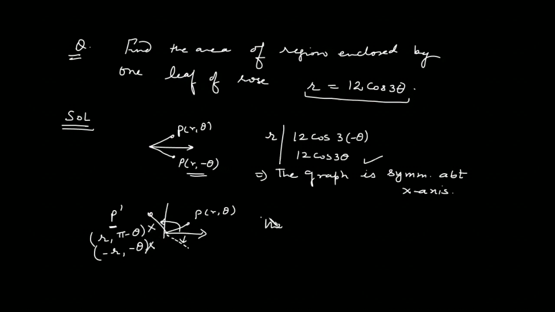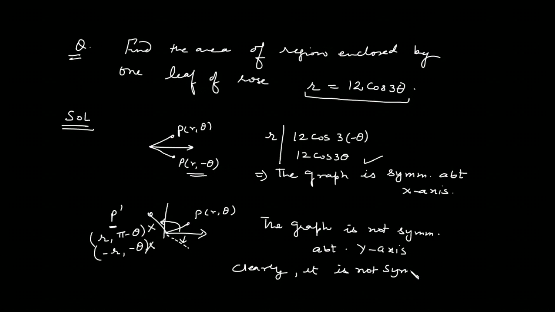So the graph is not symmetrical about the y-axis. So clearly it is not symmetrical about the pole. So we have to consider theta varying from 0 to pi.